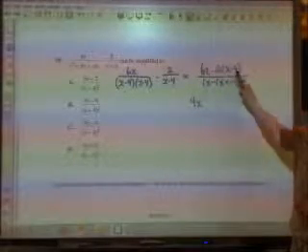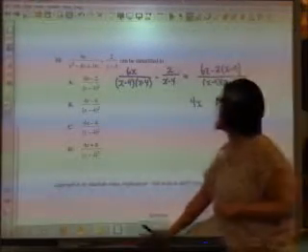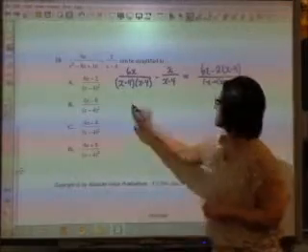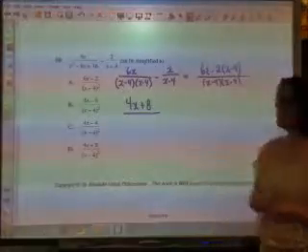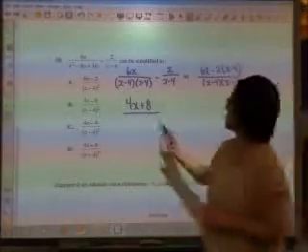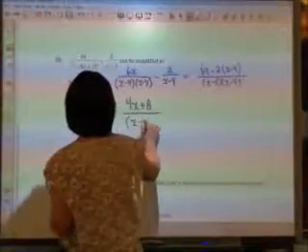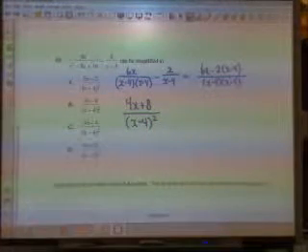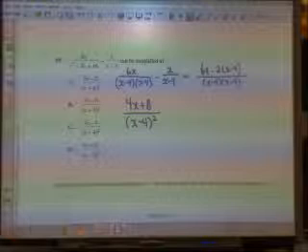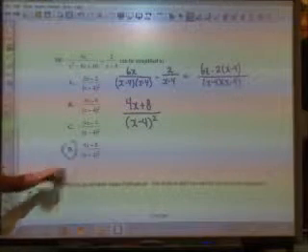And then negative 2 times 4 would be positive 8. Right? And then I have 2 of the x minus 4s. So x minus 4 squared. And that corresponds to D.